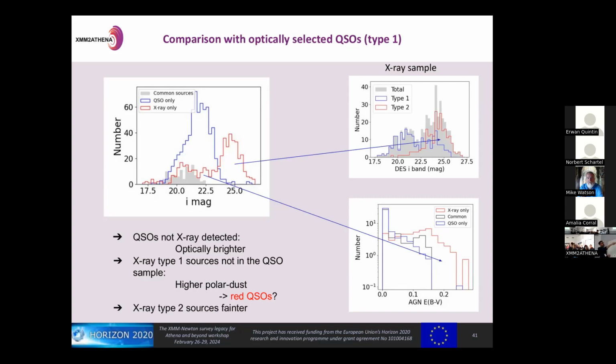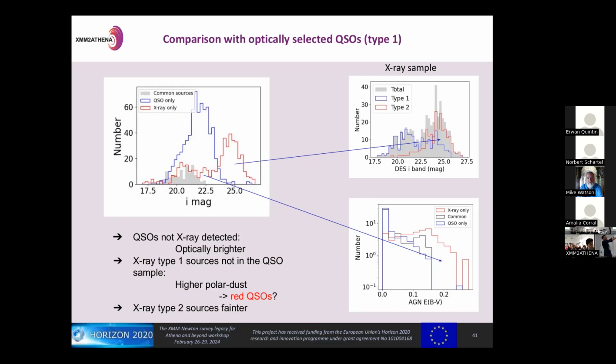This plot can tell us a lot about why we have this small fraction of overlap between the two samples. First, in the X-ray sample, half of the sample is much fainter than the optically selected QSOs. In the top right plot, it is the same distribution, but I have split the X-ray sample into SED type 1 and type 2.